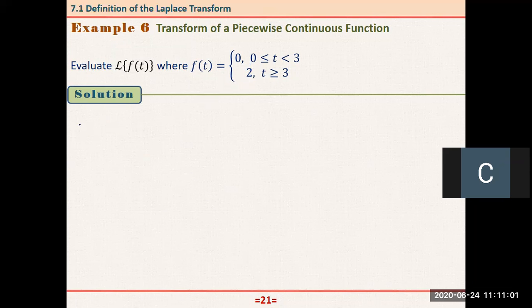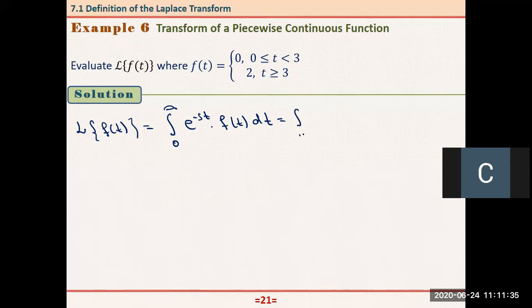So if you evaluate the Laplace transform of f of t, using the definition, it is the integral from 0 to positive infinity of e to the power minus st times f of t dt. But f is defined differently on different intervals, and by using a property of the integral, I can split this interval.